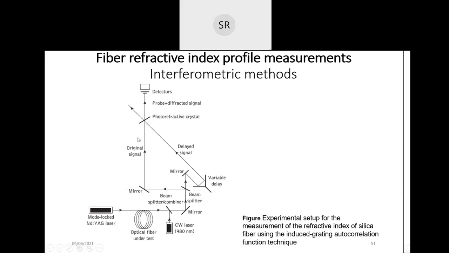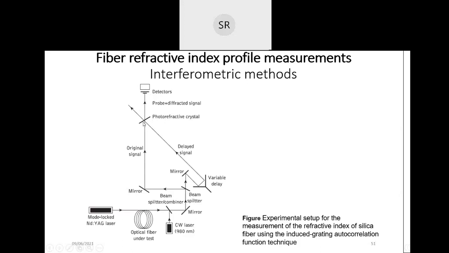Now we can measure the refractive index of this optical fiber using the autocorrelation function, or we can say the induced grating autocorrelation function. The two signals are combined at the point where the photorefractive crystal is placed, and then that signal reaches the photodetector.